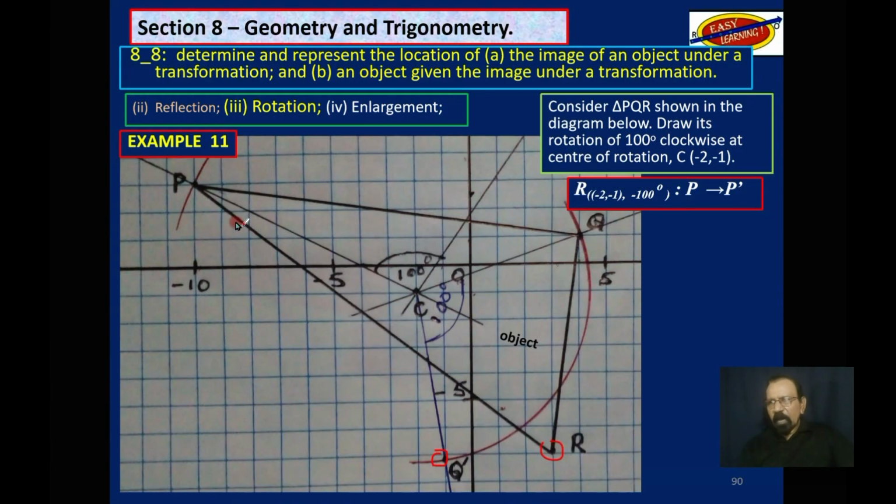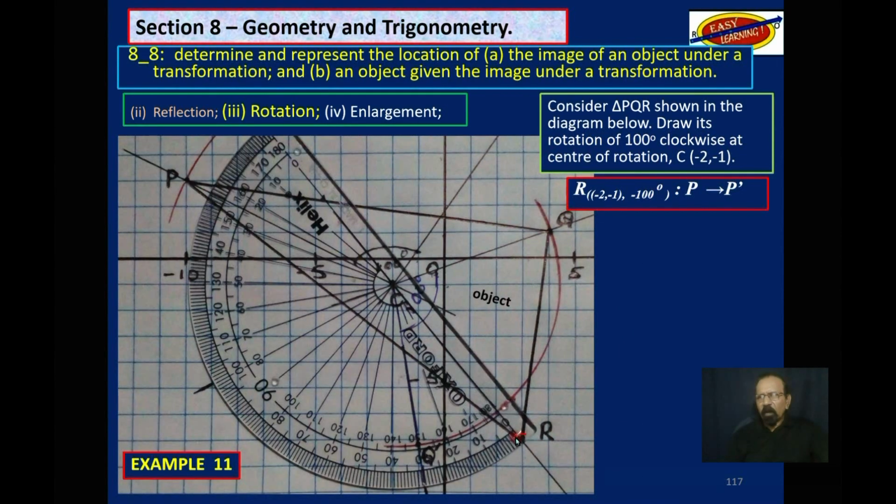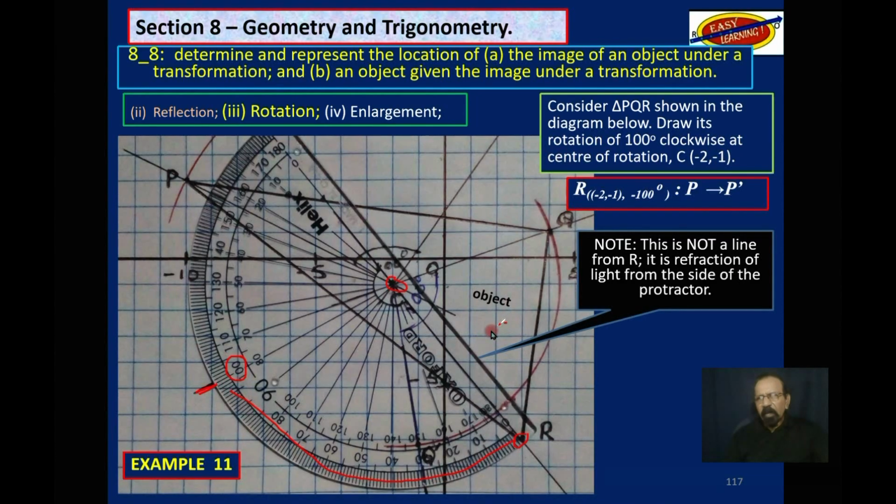Do the same thing as we did for P and Q. Draw a line from R to the center of rotation and measure an angle clockwise like this to 100 degrees. Put a mark here. Now don't be confused by that line. That is not a line.